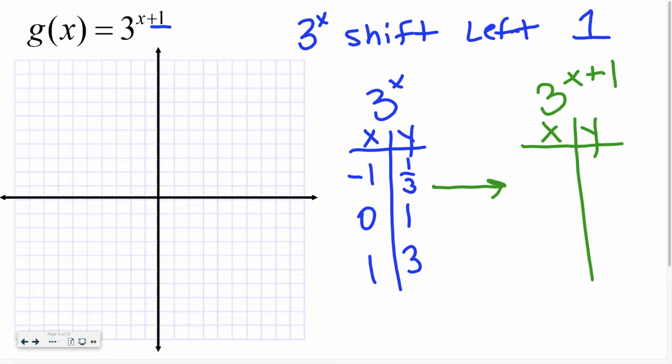So if I'm at -1, 1/3 and I shift it left 1, what does that coordinate become? -2, 1/3. And if I'm at 0, 1 and I shift to the left 1, -1, 1. And last but not least, if I'm at 1, 3 and I shift, that would be 0, 3.